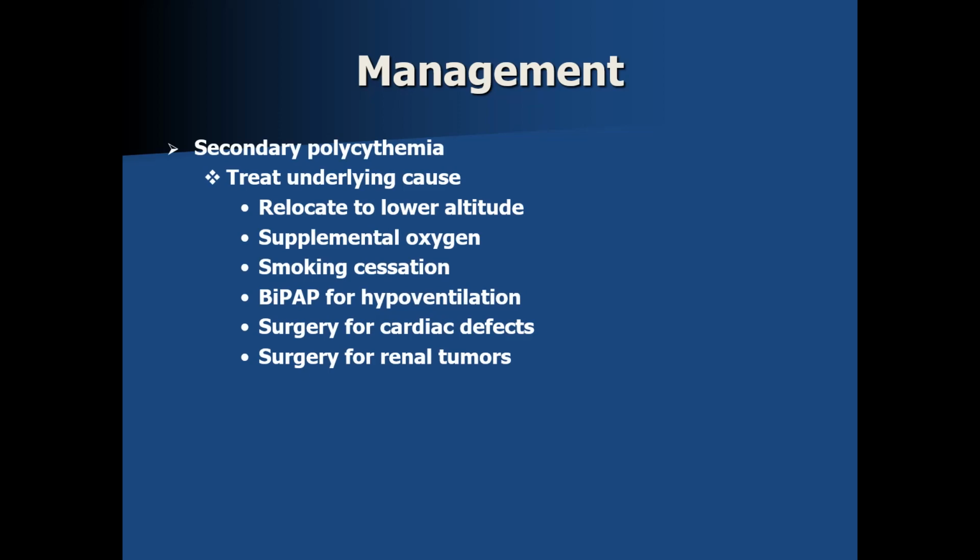It may be cured by treating the underlying cause, such as relocating to a lower altitude, the administration of supplemental oxygen to correct the hypoxemia, smoking cessation to avoid the carbon monoxide poisoning, things like BiPAP for chronic hypoventilation, surgical correction of cardiac defects, and also surgery for renal tumors.